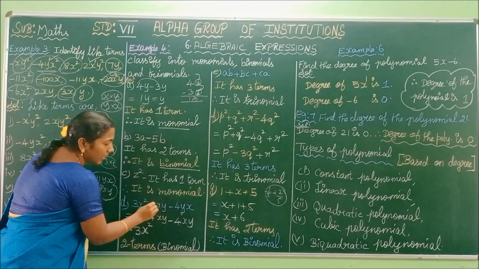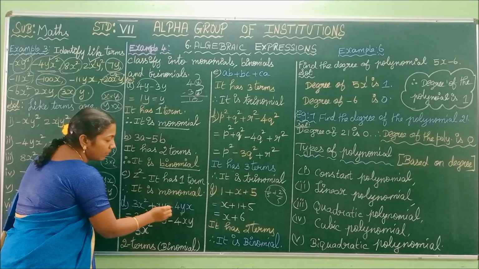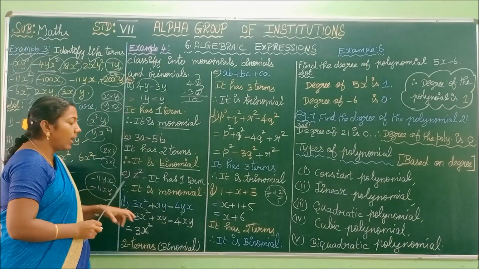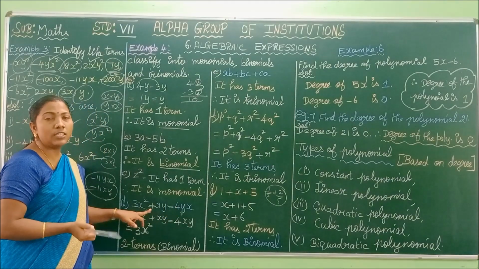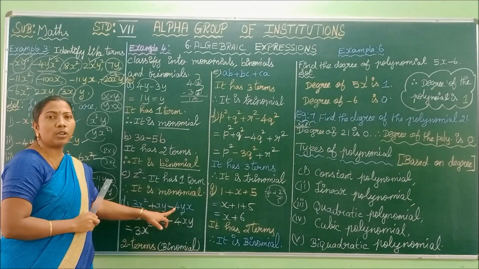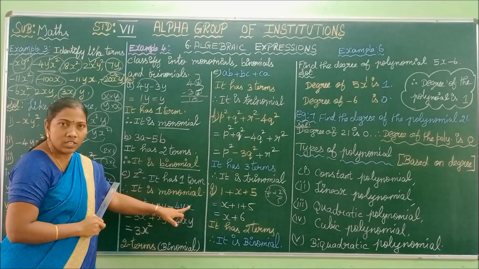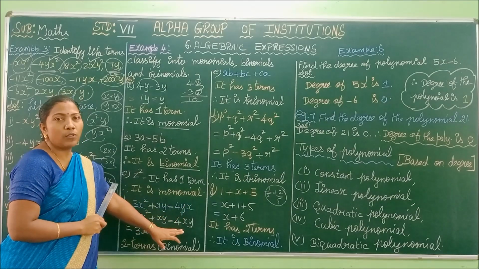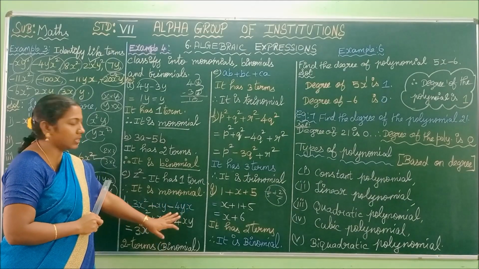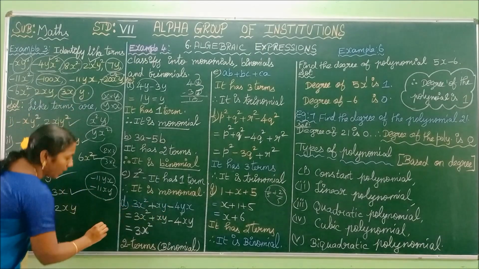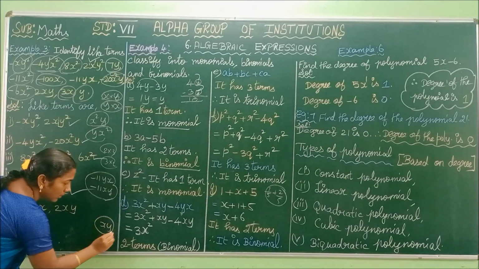Here we have a plus symbol, here we have a minus symbol. As per the rules in integers, different symbols mean you subtract. So subtract the smaller number from the larger number and write the symbol of the larger number for the result.